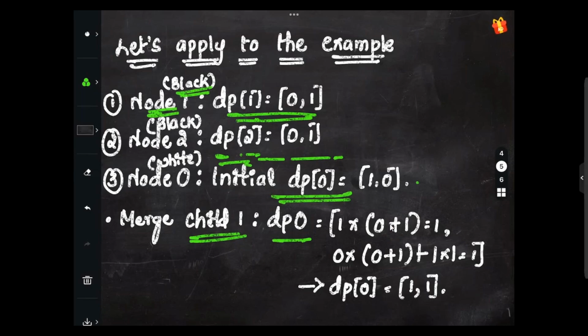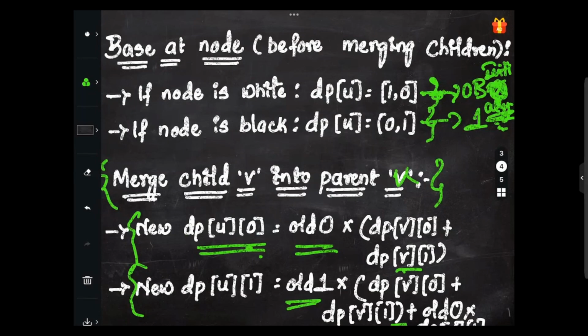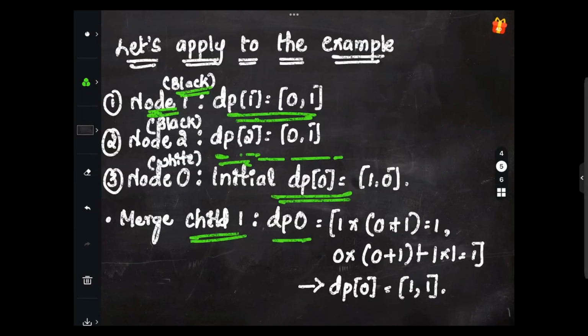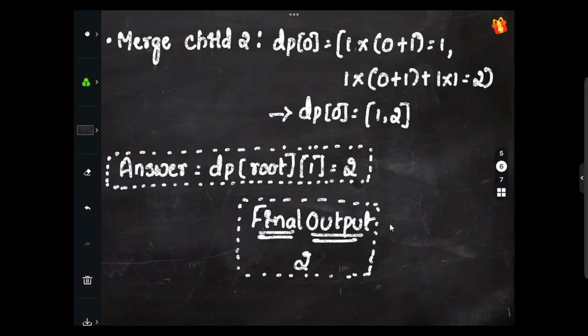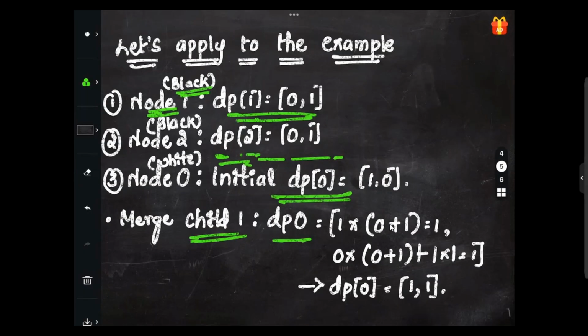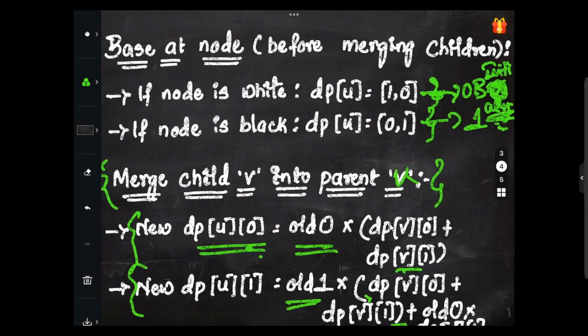Now we are just going with the same formula. See, my child dp of u, the old one, this formula itself we are going with, right? So we have to go with the new one.